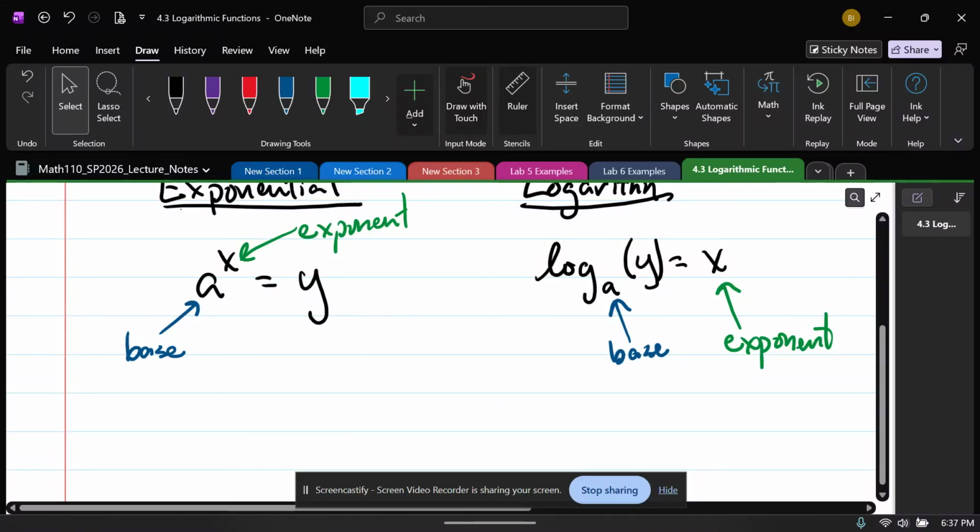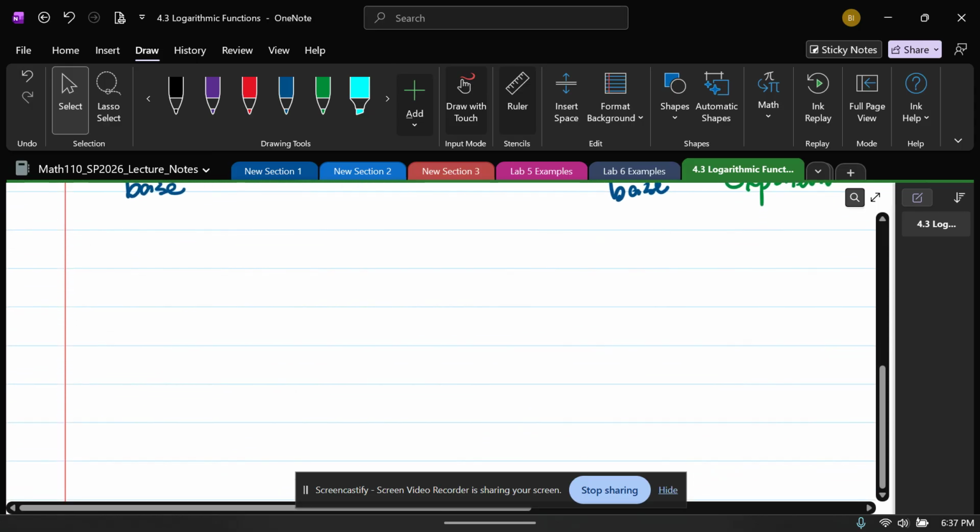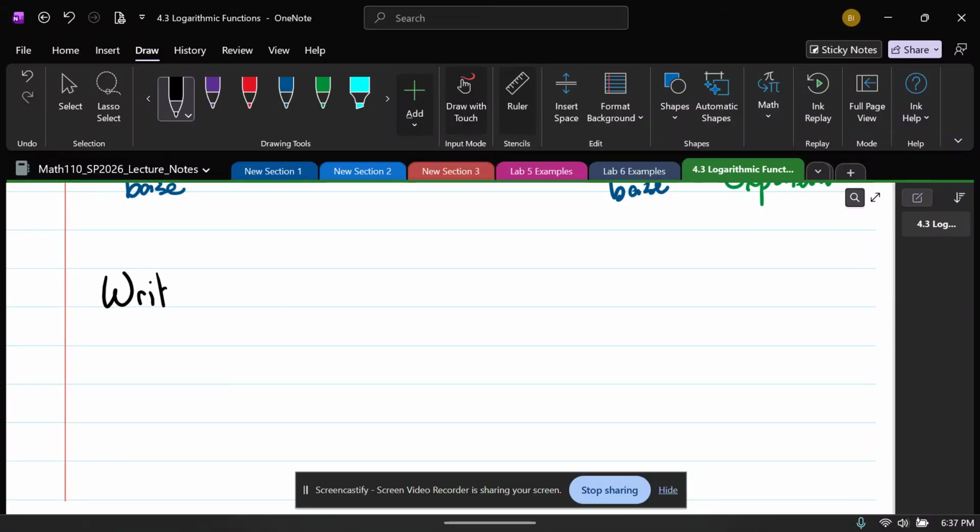So, all right. So the first set, we are going to rewrite the logarithm as an exponential.